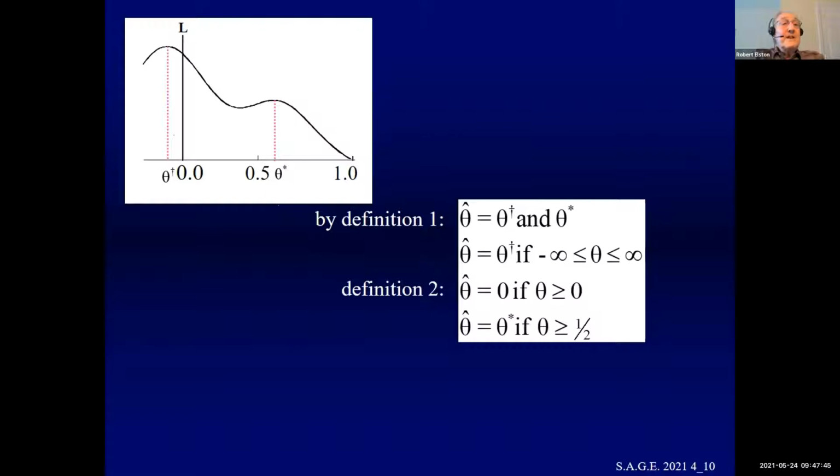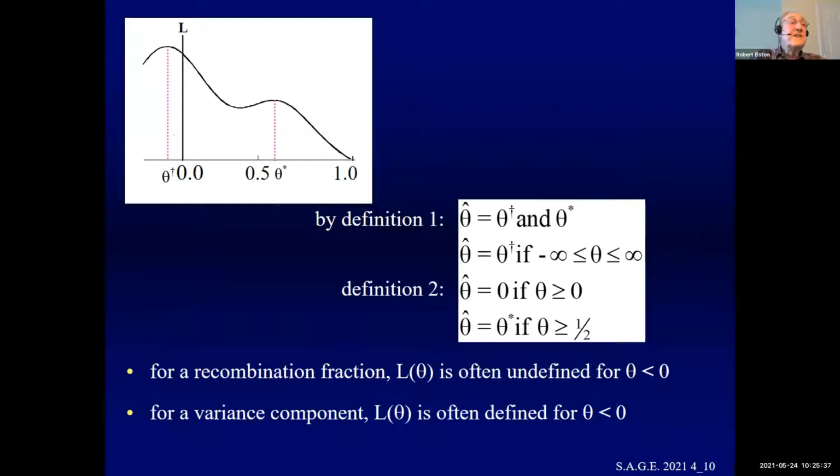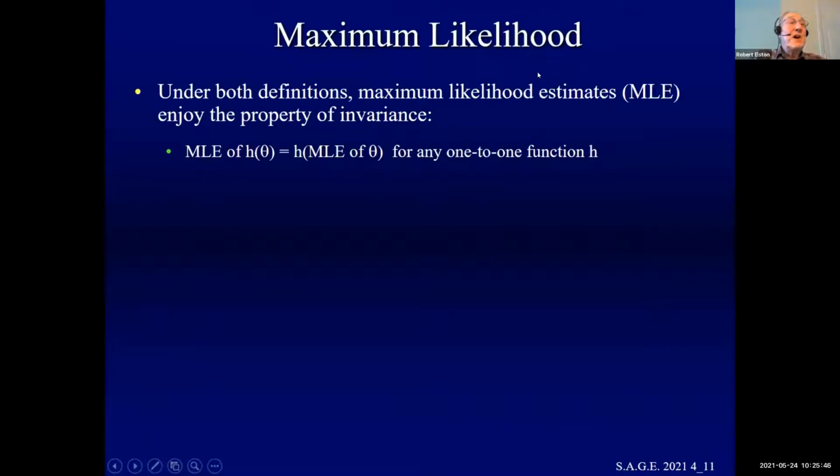Anyway, for the recombination fraction, the likelihood is often undefined for theta less than 0.